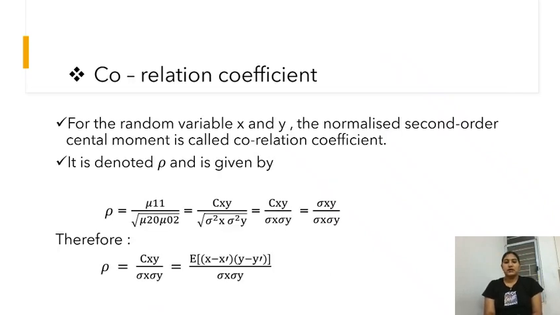Correlation coefficient. For the random variables x and y, the normalized second order central moment is called the correlation coefficient. It is denoted by rho and is given by rho equals mu11 by root of mu20 into mu02, equals Cxy by root of sigma x square into sigma y square, equals Cxy by sigma x into sigma y, equals sigma xy by sigma x into sigma y.